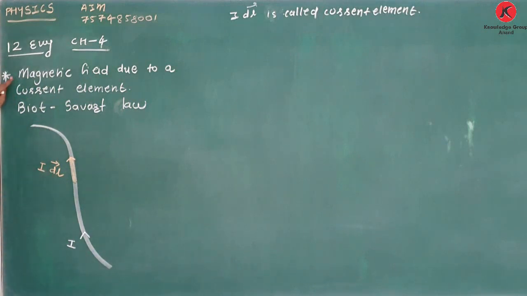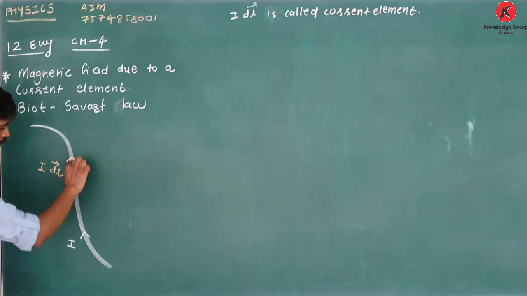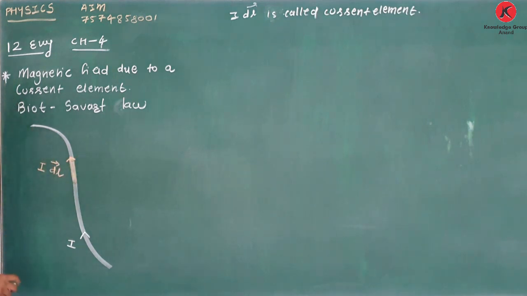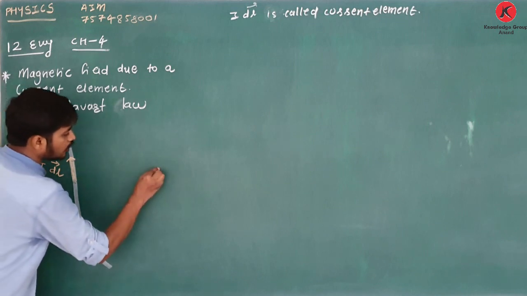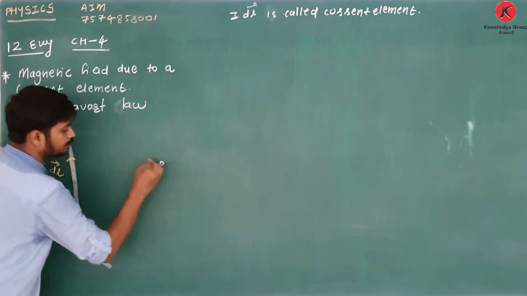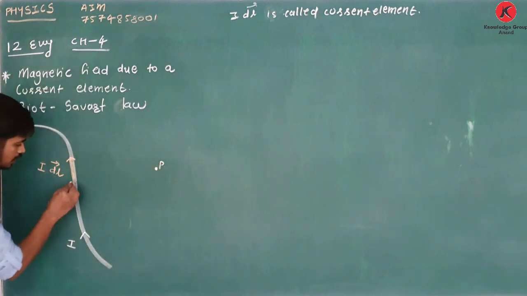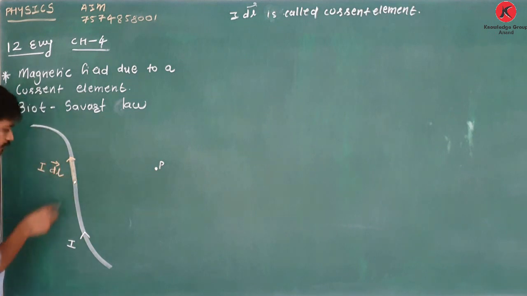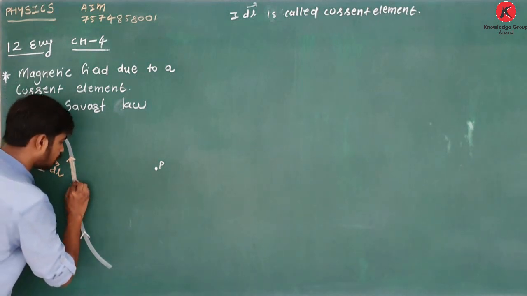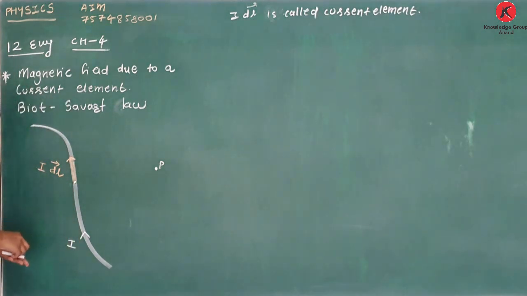Now what is the question? Magnetic field due to a current element. So due to this element only we have to find the magnetic field at this point P. First of all, from this current element, draw the position vector.